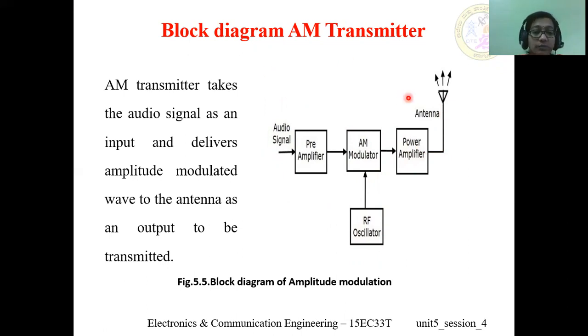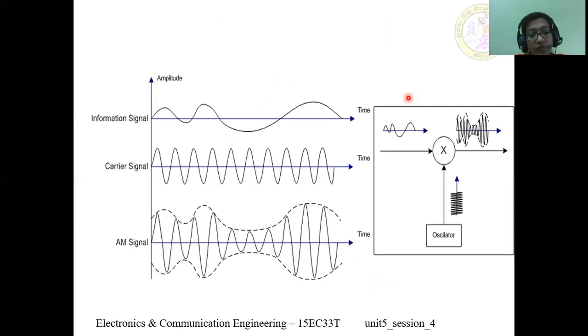This is how the AM transmitter works. We can observe here an audio signal at one end. At the other end, we take the radio frequency from the oscillator, which we superimpose. That is the modulation we are doing. At the output, we get an AM signal.